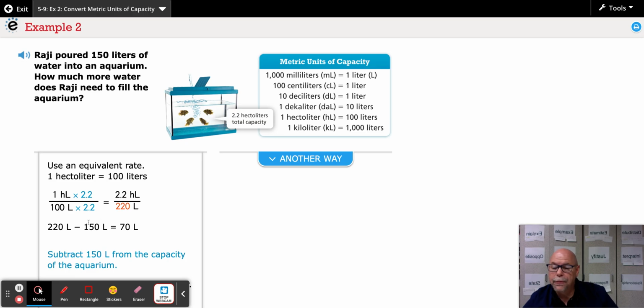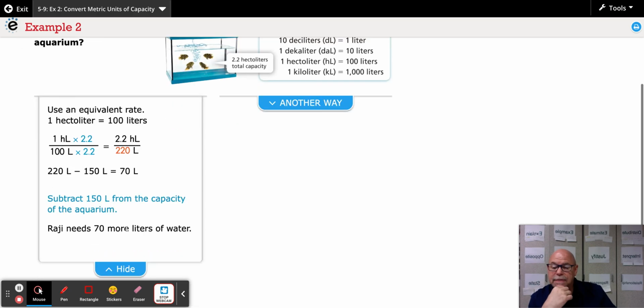So 220 liters minus, so they changed hectoliters to liters. So they decided there are 220 liters minus 150 liters that he poured in gives him 70 liters. Right? He needs 70 more liters.